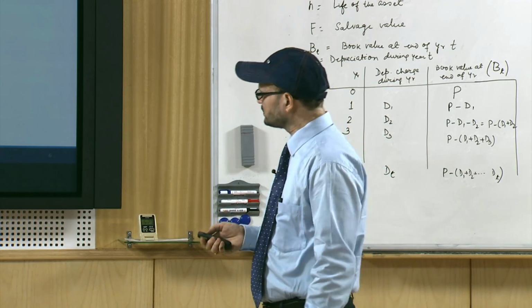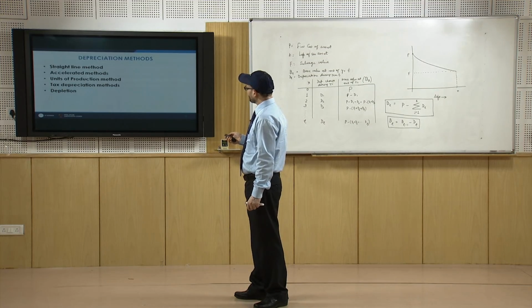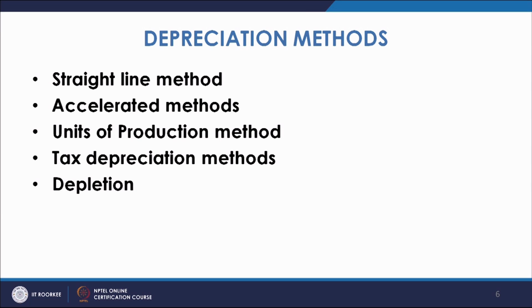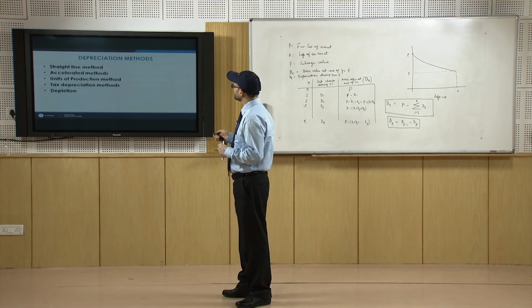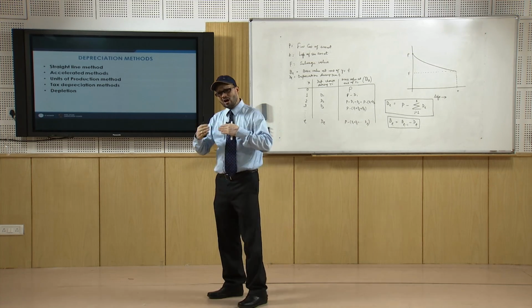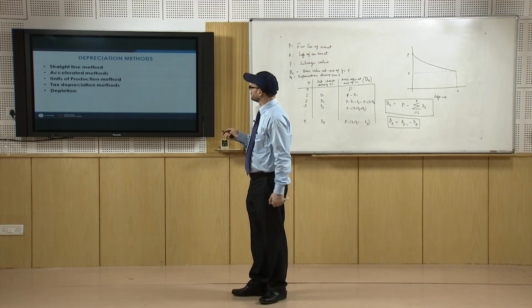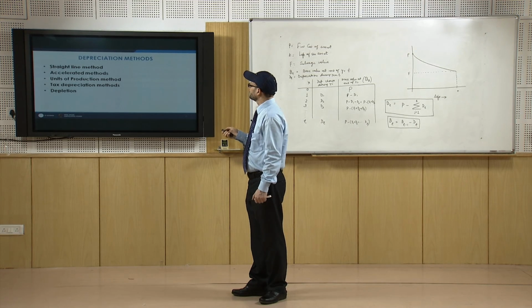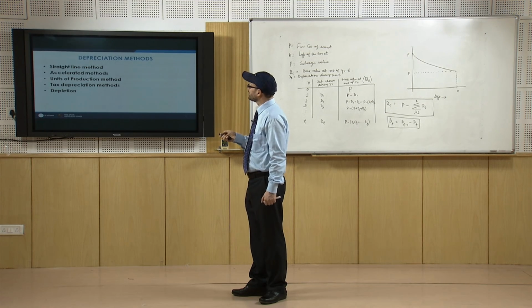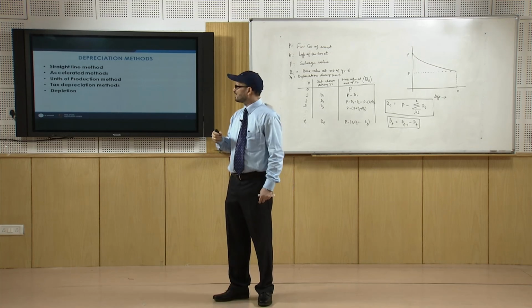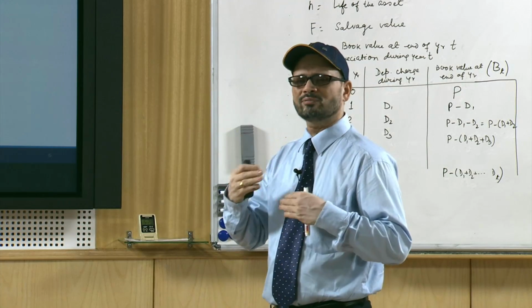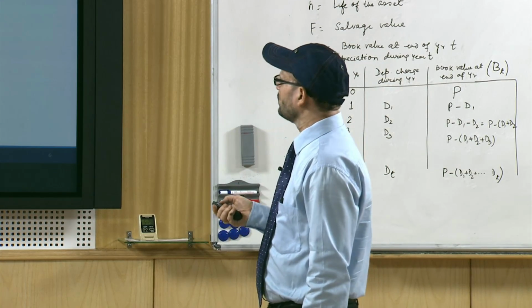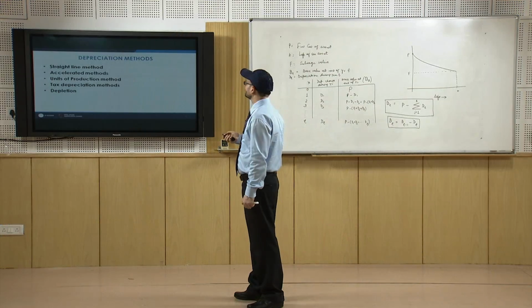So, there are many methods under this, where basically there is a percentage of the first cost which is used for calculating the depreciation charge of the asset, and that is how we proceed. So, we will discuss the different methods of depreciation using the accelerated methods. In that there is another method known as sum of years digit method, that is also one of the accelerated methods.